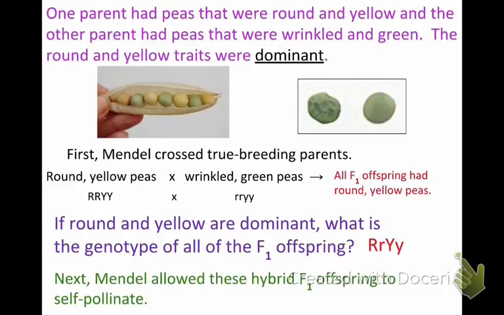How do we know this? Without doing a Punnett square, you can just match them up, right? So this R would go with that R, and Y with Y. All right? So next, Mendel allowed these F1 offspring to self-pollinate.